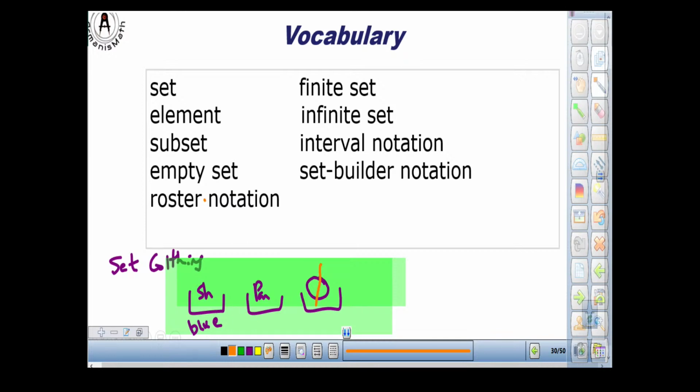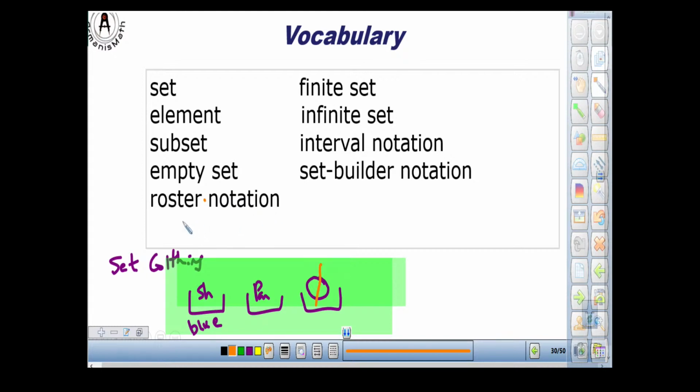For example, I cannot use roster to list all students in the world. That's going to take me nights and days, and that's not going to be possible. That's why you do not use roster notation for anything. You use it for certain things.